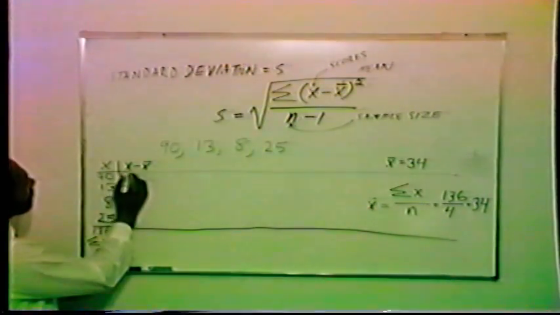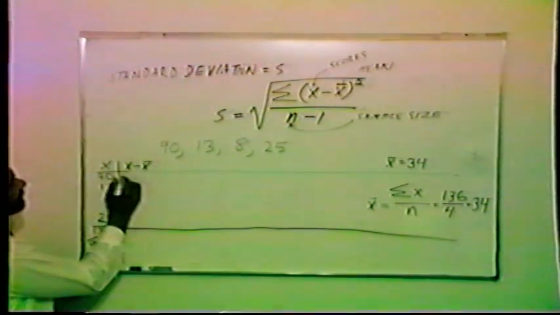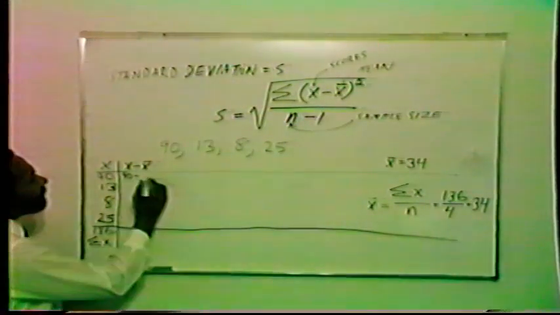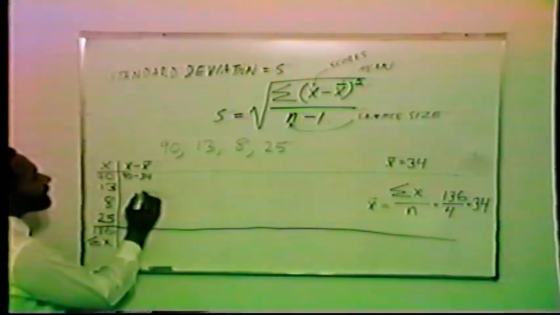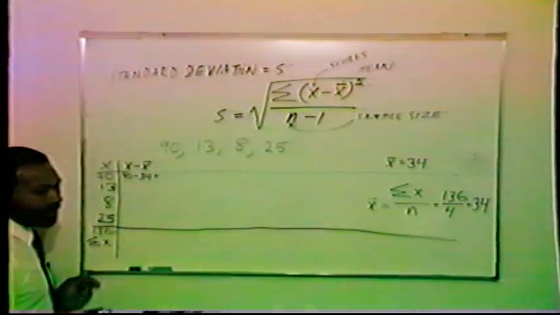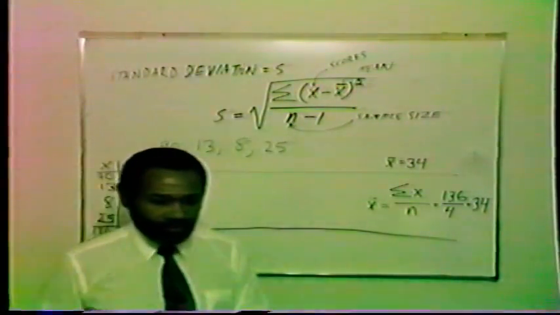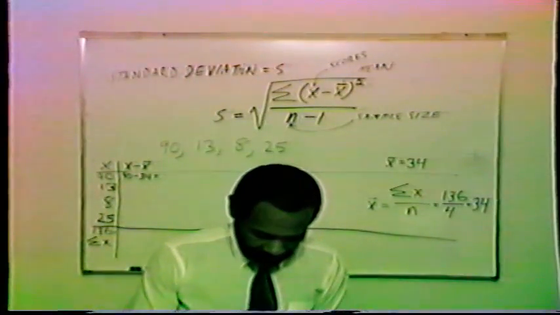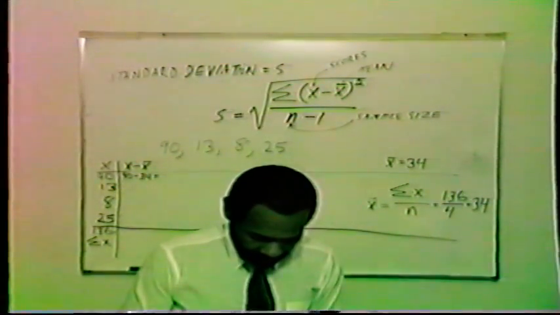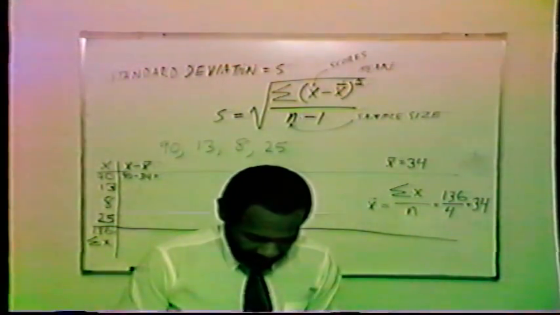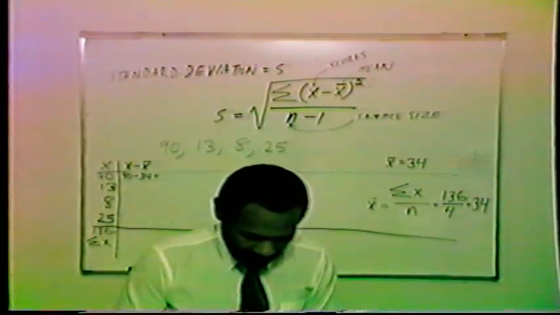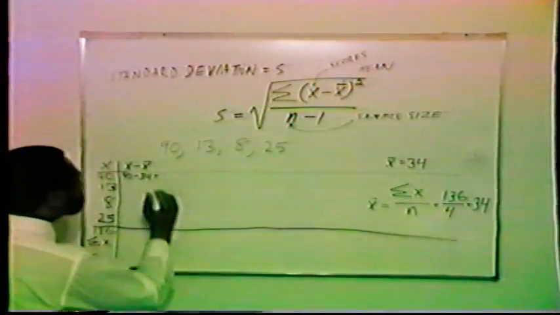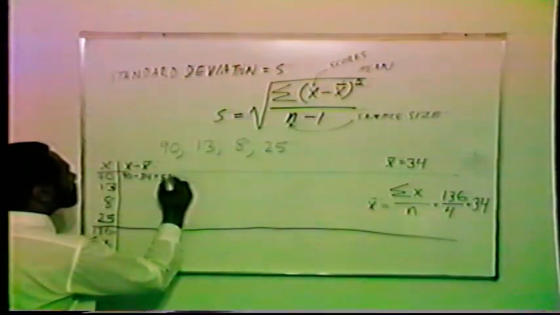So here, my x is 90. So I would have 90 minus x bar, which is 34. 90 minus 34, and we can work that out on the calculator, would give us 56. And that would give us 56.